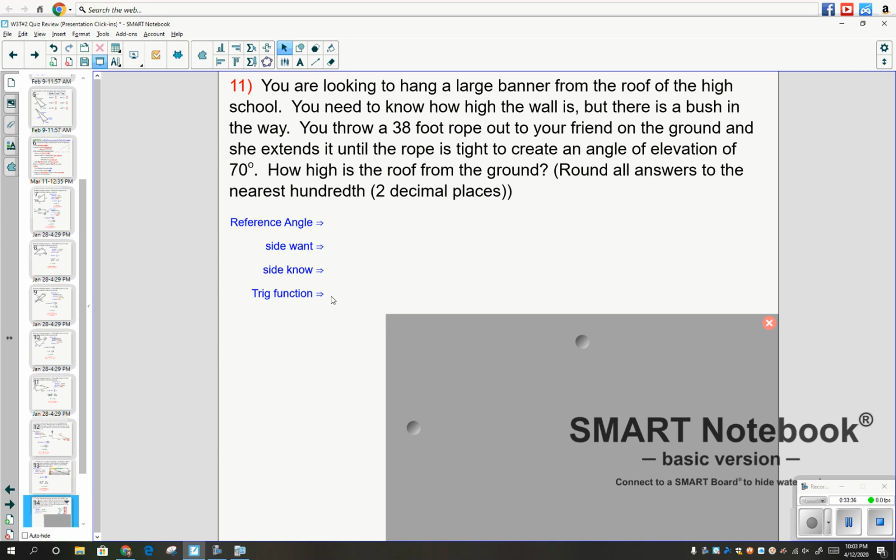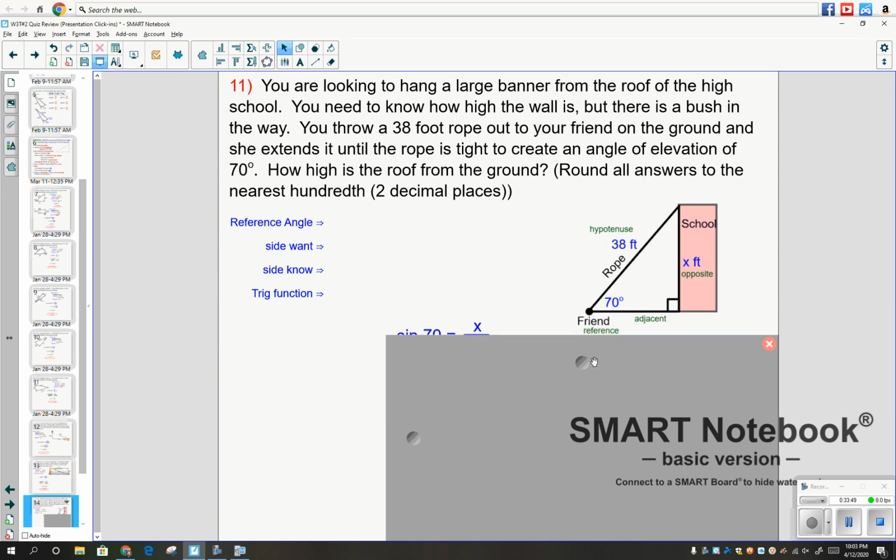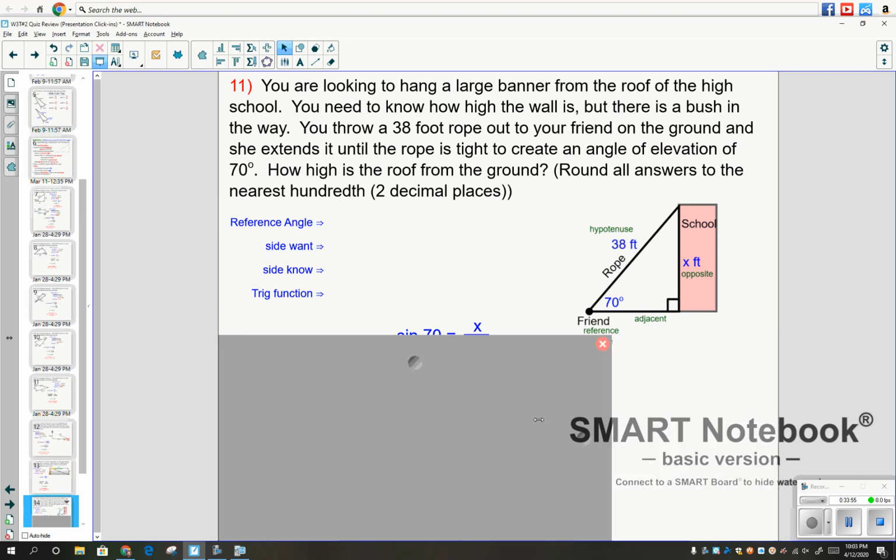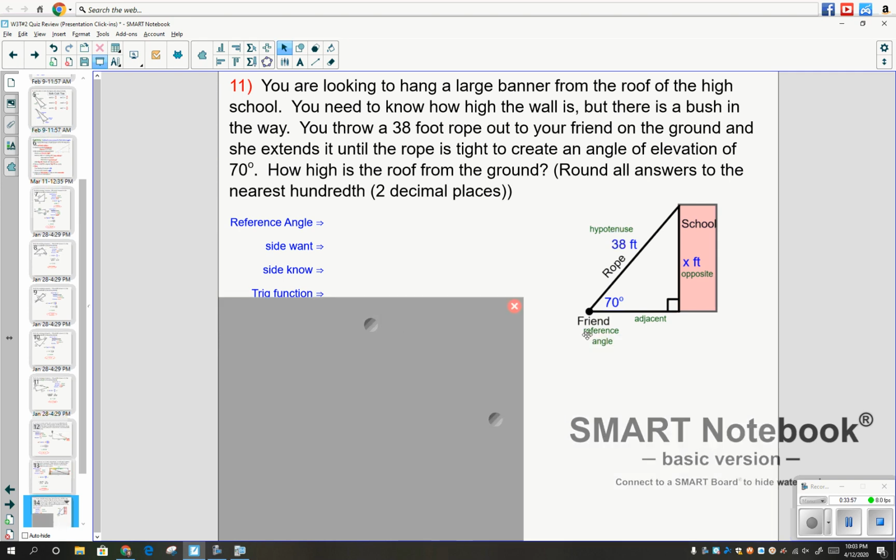Let's draw a picture. We need a picture first. So I need the school, right? So I've got the school here. And then you've got your friend over here. So draw a line to the school.